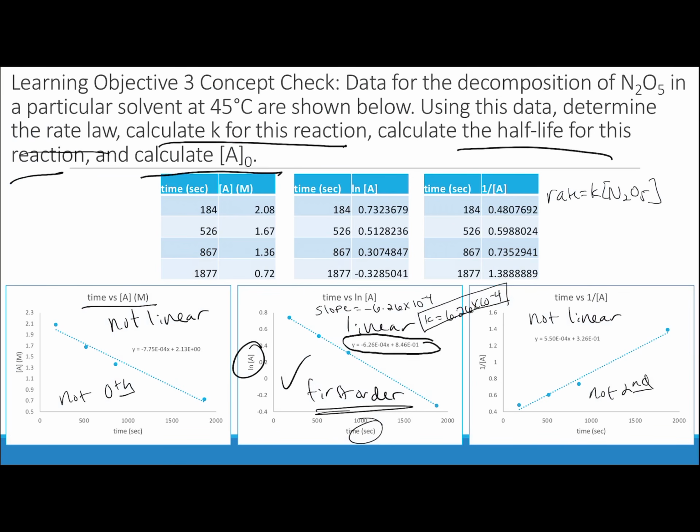So this right here, ln[A]0, is equal to our y-intercept of 8.46 times 10 to the negative 1. So if we take the e to that value, we get an [A]0 equal to 2.33 molar.